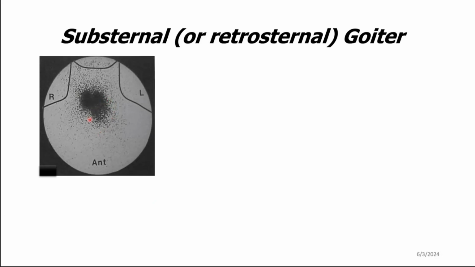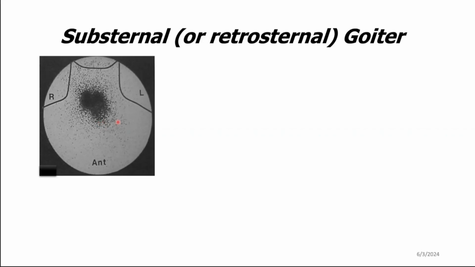In some patients who have an enlarged thyroid gland, the gland itself might descend deep and behind the sternum, which is called a substernal or retrosternal goiter, okay? Normally the thyroid gland lives here, but sometimes we see activity extending underneath the thyroid gland and behind the expected location of the sternum. This is called retrosternal goiter. Why is this important?